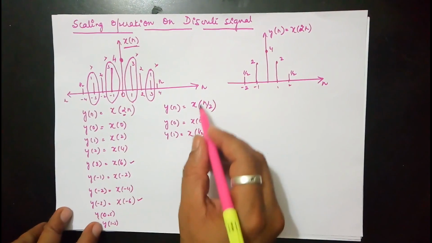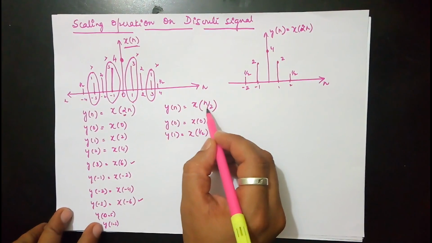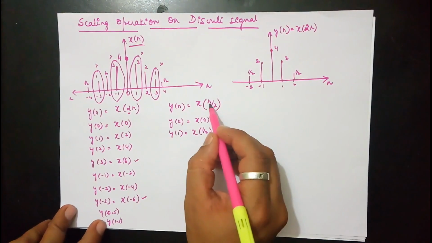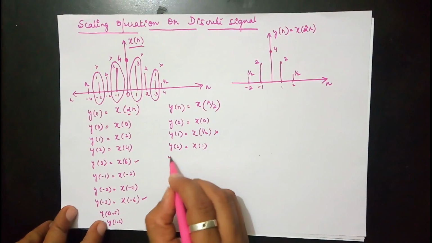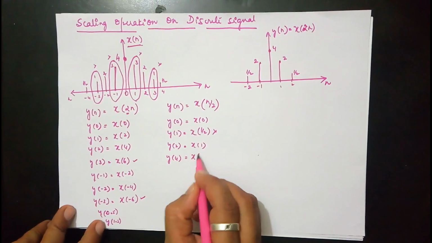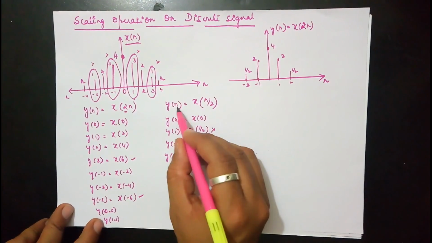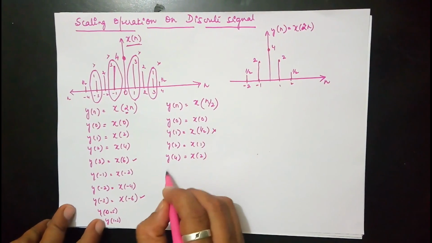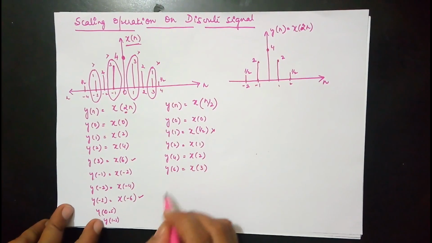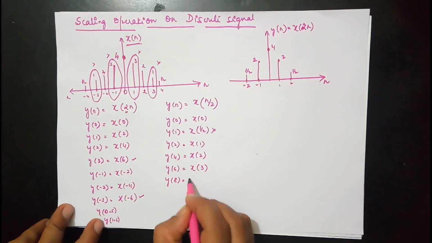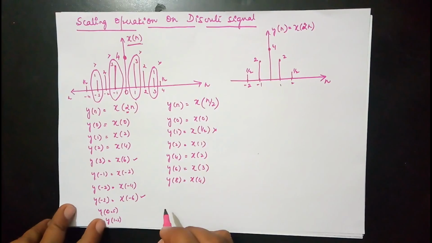So I should be putting the values which are multiples of 2. That means y of 2 will be x of 1, y of 4 will be x of 4 by 2, that is x of 2, y of 6 is x of 3, y of 8 is x of 4, right?